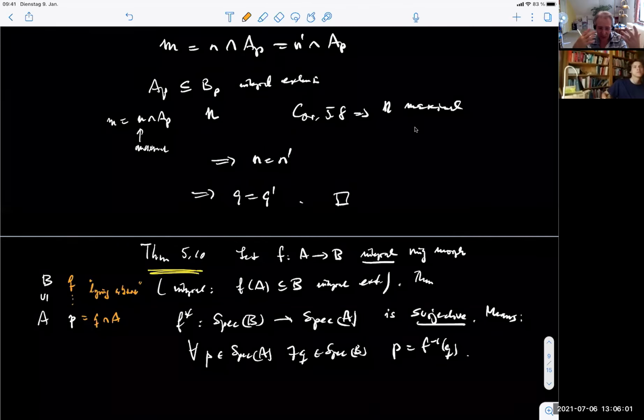This situation occurs very prominently in algebraic number theory, when A and B are number rings.